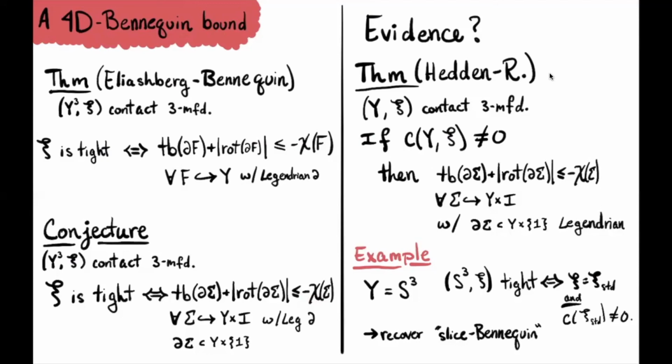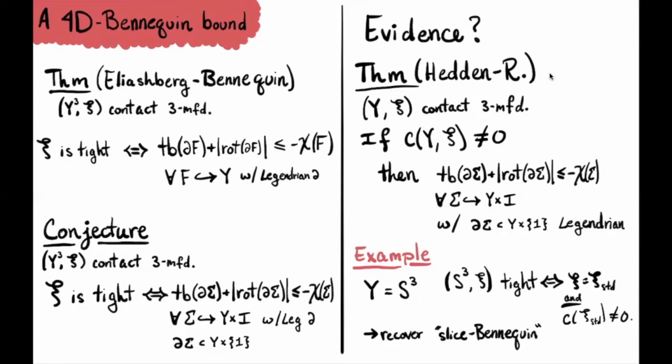So again, it's this kind of statement about not being able to do better, in terms of genus or Euler characteristic, by allowing your surface to be pushed into Y cross I.